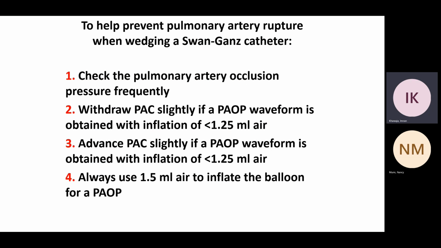We'll show you an example of the X-ray where it should be, medial to the descending part of the PA. Even before you take your X-ray, you know you are not in a distal position by seeing how much air it takes in the balloon to achieve the wedge position. If it takes less than the full amount, it means you are too far out, so you slightly retract and inflate again. But that's the idea from the question.